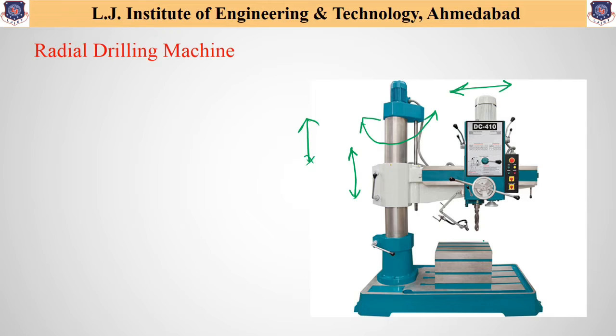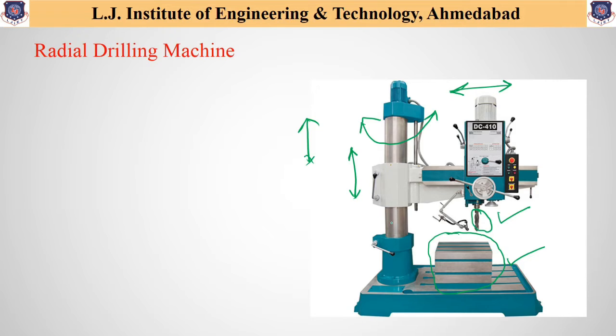Whereas in radial drilling machine, if one wants to generate a different number of holes on these surfaces, then the workpiece remains stationary and this drill tool can be moved to the desired location with the help of these three different movements. So this is the advantage of radial drilling machine.